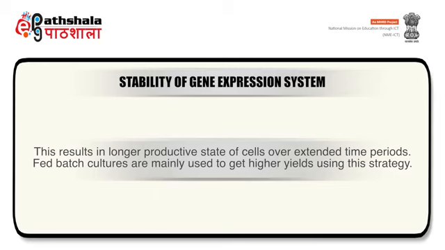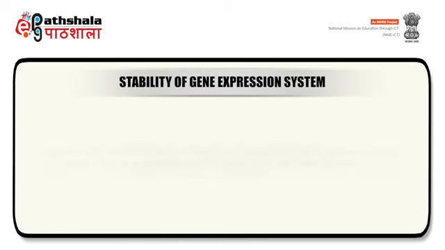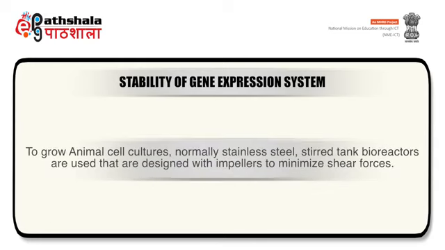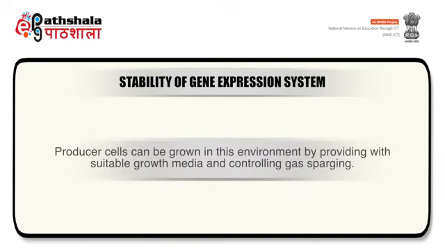Fed batch cultures are mainly used to get higher yields using this strategy. To grow animal cell cultures, normally stainless steel stirred tank bioreactors are used that are designed with impellers to minimize shear forces. Producer cells can be grown in this environment by providing suitable growth media and controlling gas sparging.